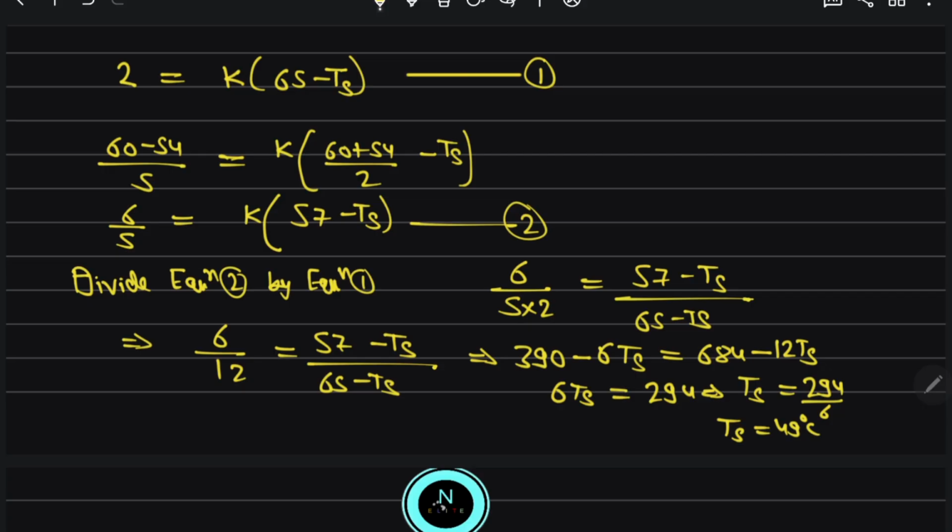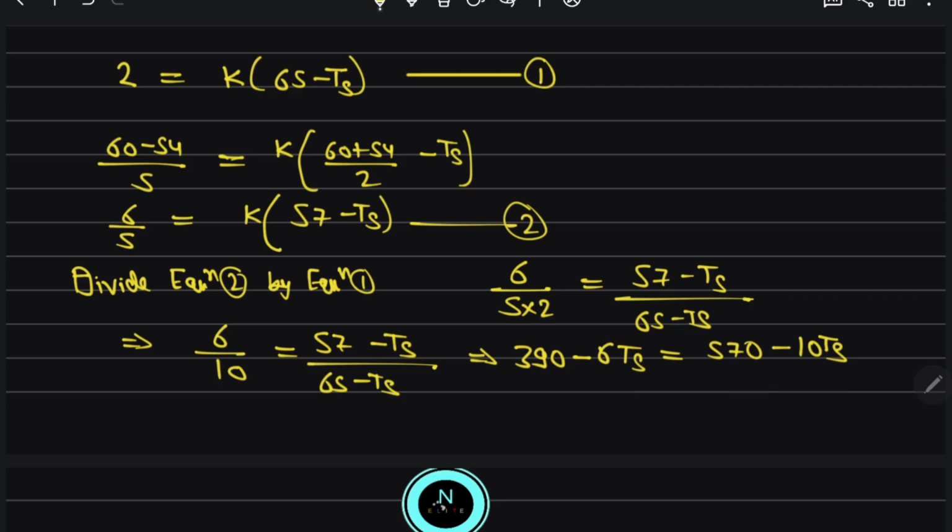Actually, 5 twos are 10. So this is the only calculation: 570 minus 10 TS. So I send 10 TS to this side, so 4 TS is equal to 570 minus 390, which comes out to be 180.